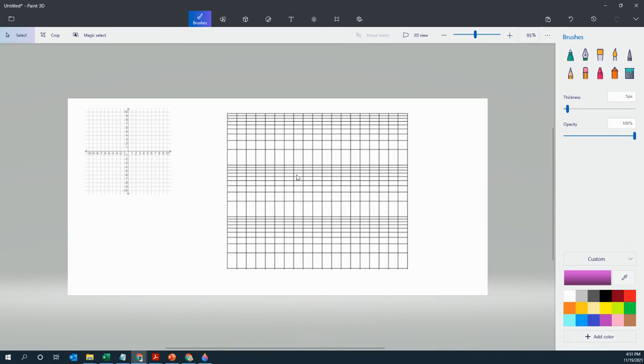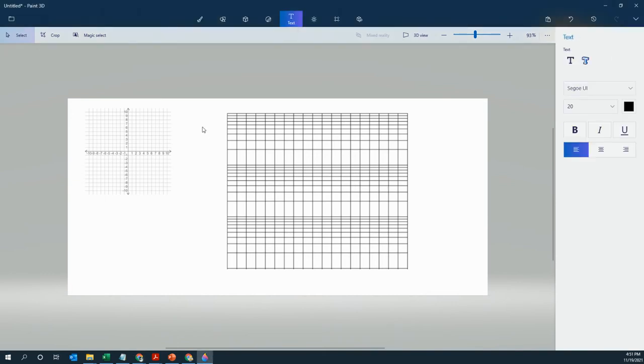And so the reason why we have semi-log paper is because sometimes we need to graph things that may look something like this.